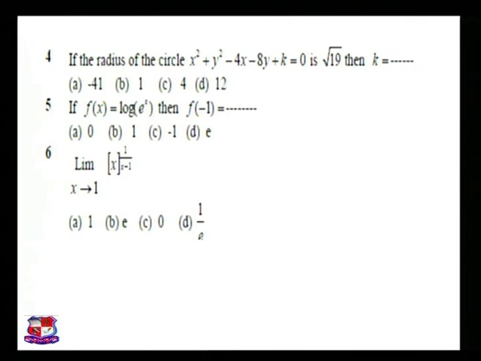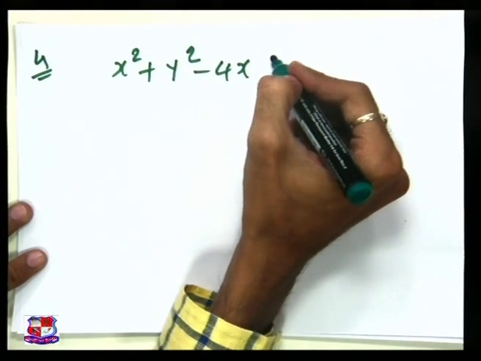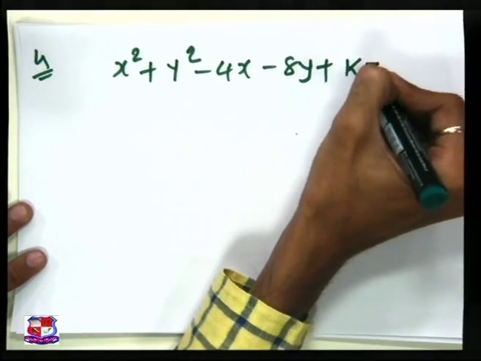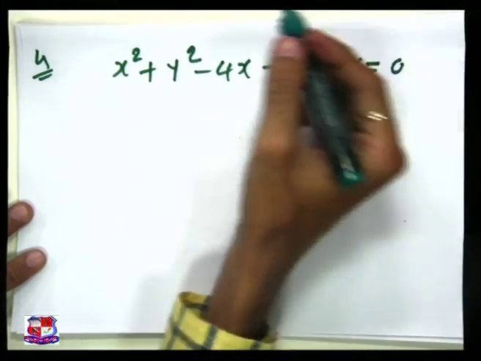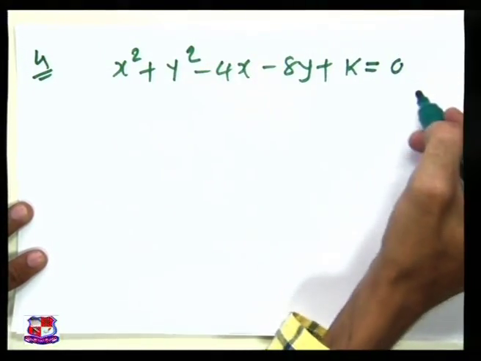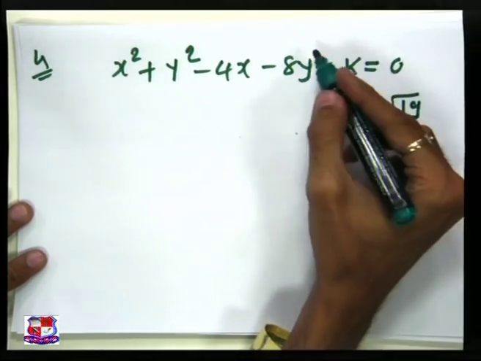First of all, here the given circle is x square plus y square minus 4x minus 8y plus k is equal to 0, right? And radius of this circle is given as root 19, that is r is equal to root 19 is given for this circle, right?